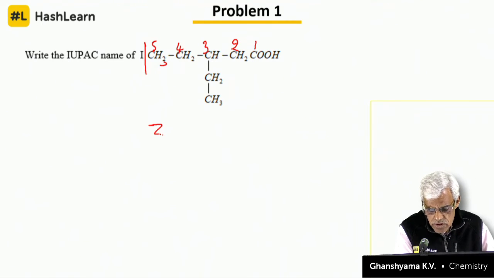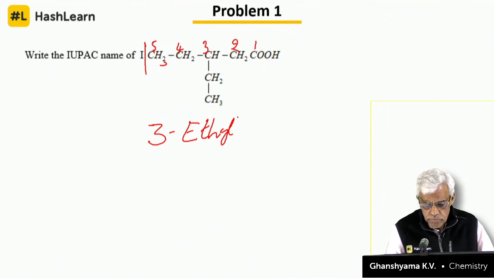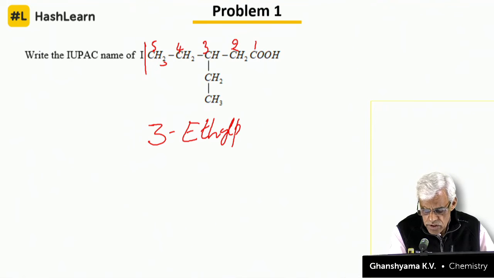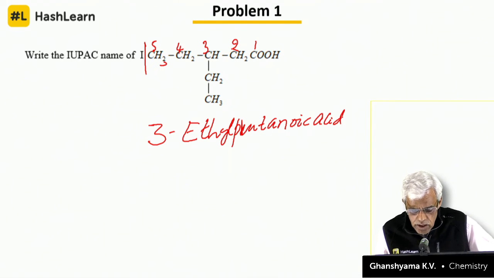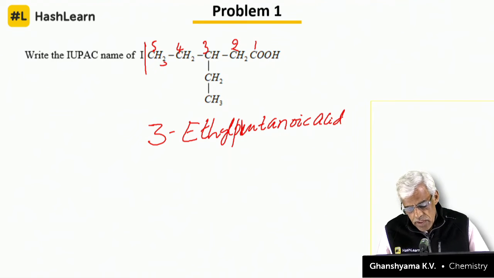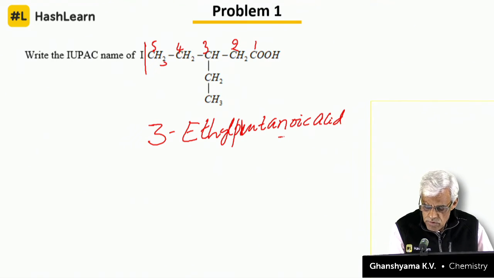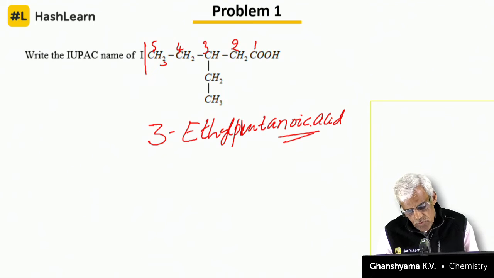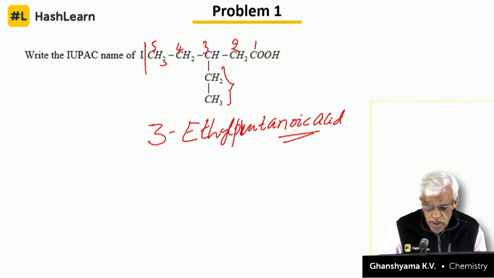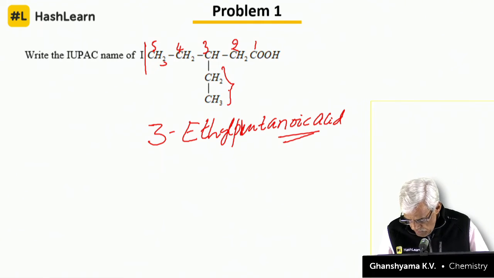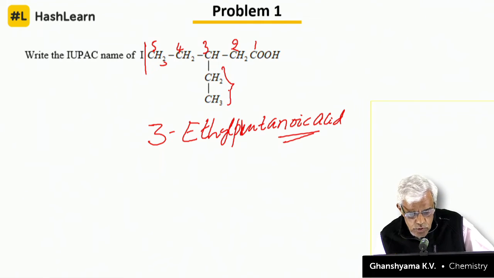Therefore the IUPAC name of this is 3-ethylpentanoic acid. COOH is there, that is number 1. This is the main chain. The ethyl group is the substituent, therefore 3-ethylpentanoic acid.